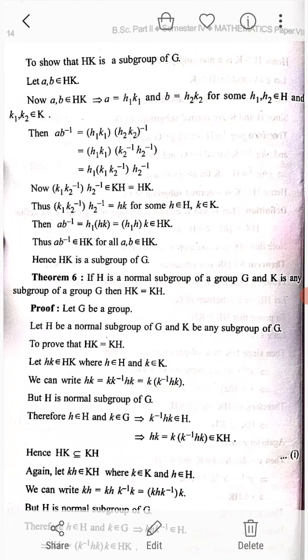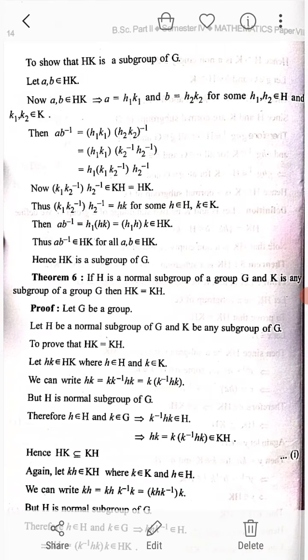Hence HK is a subgroup of G because it satisfies the inverse property. Okay, now see the next theorem: if H is a normal subgroup of a group G and K is any subgroup of group G, then HK is equal to KH. So let's start with the proof.